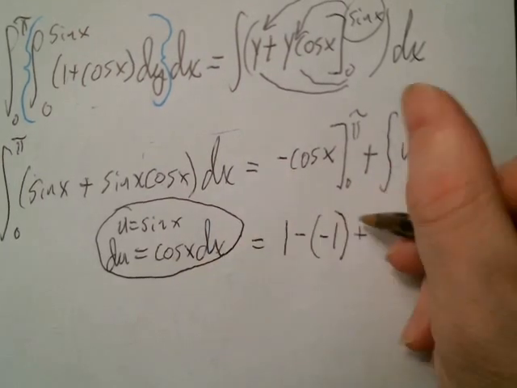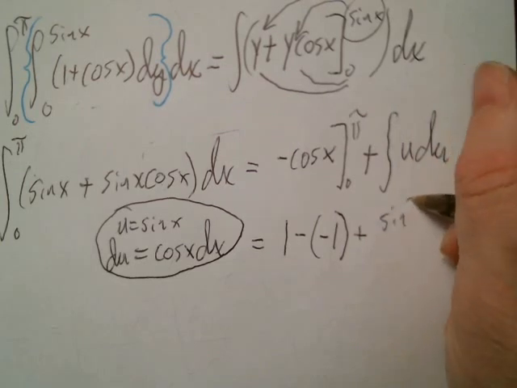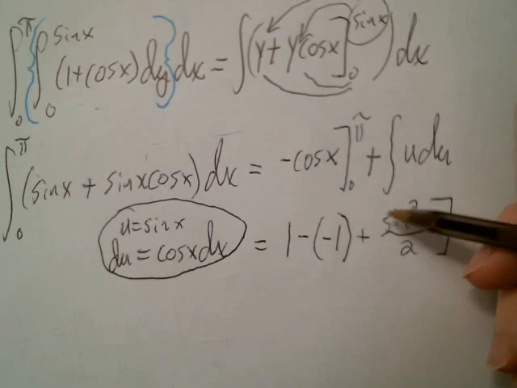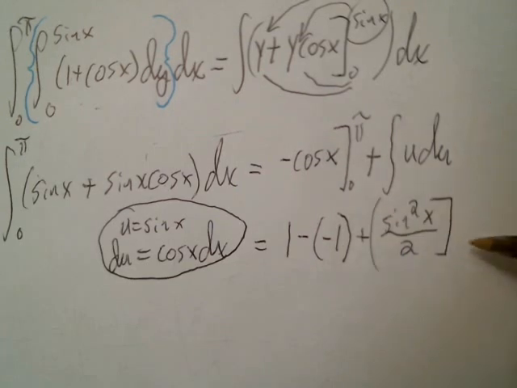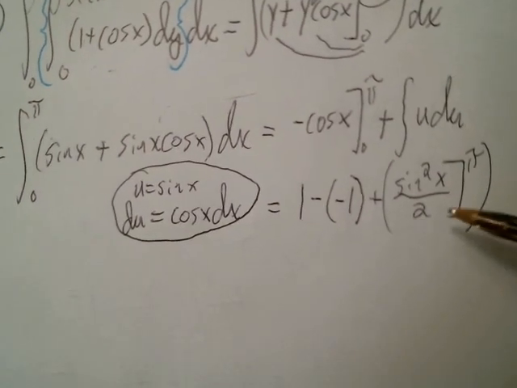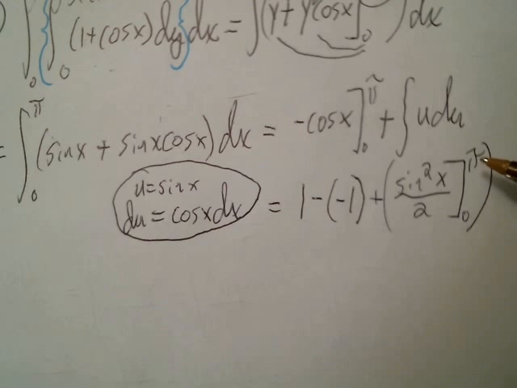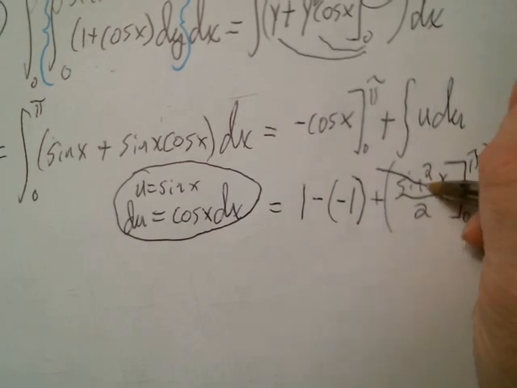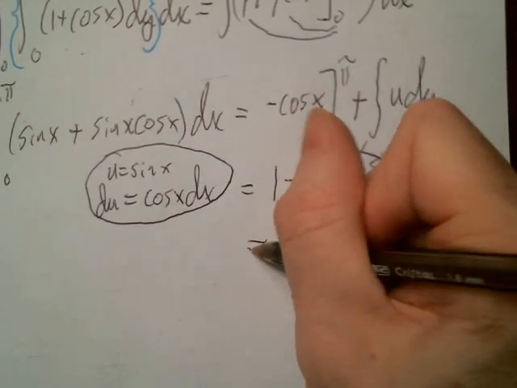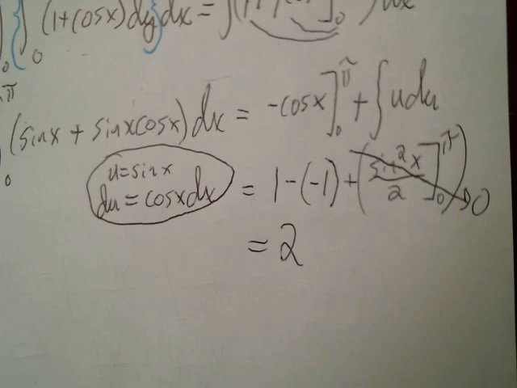If I back substitute, I'll have sine squared x all over 2, and I need to evaluate that from 0 to pi, right? Sine of x is 0 at 0 and pi, so this will just be 0 minus 0, which is 0. And that whole part will just be 0. And then this part would just be 1 plus 1, which is 2. And that would be your answer.